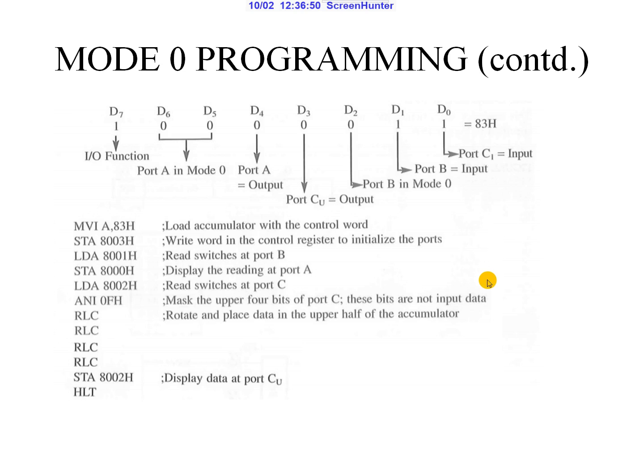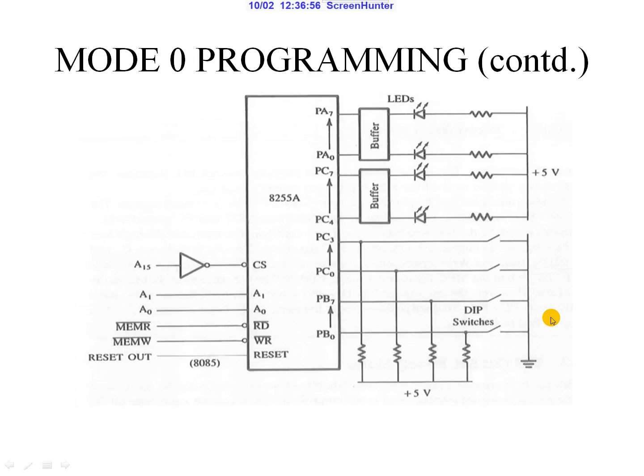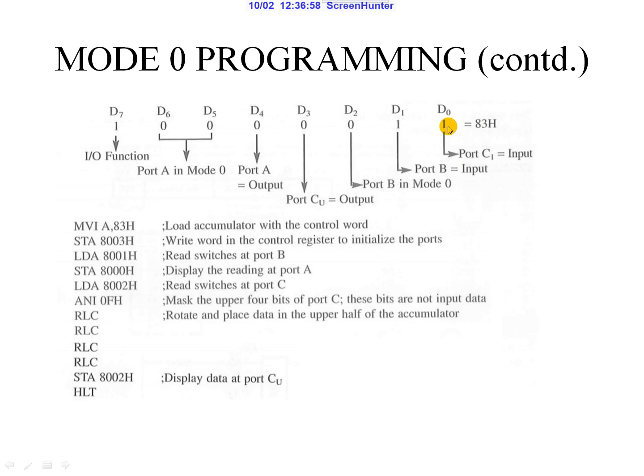Since the connections are made, you can notice that the 83H address is used for the control register. For choosing this control register, we need D7 as the input output function, because we are going to program for mode 0, so it is the input output function.